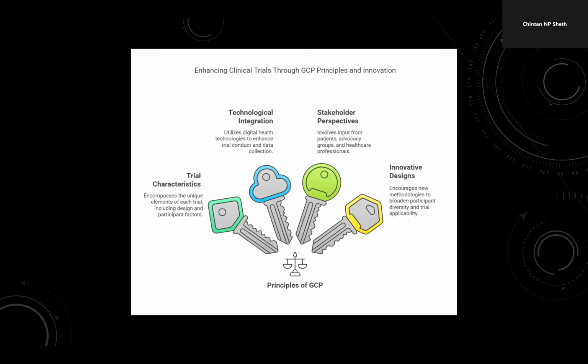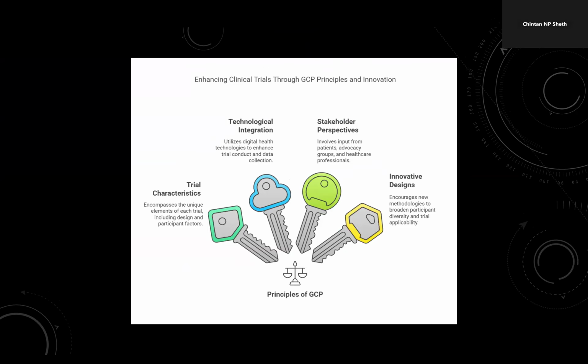The principles of ICH GCP ensure that they always lead to patient safety and data integrity. The principles of ICH E6 R3 are flexible and applicable to a broad range of clinical trials.